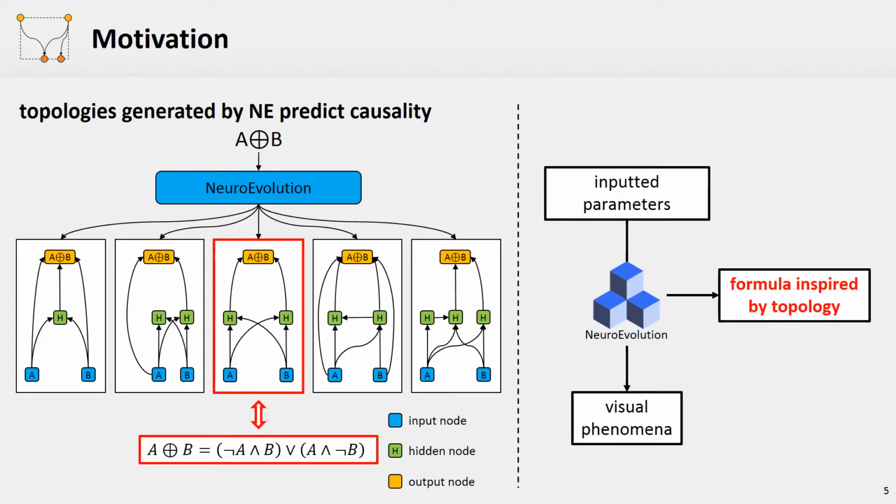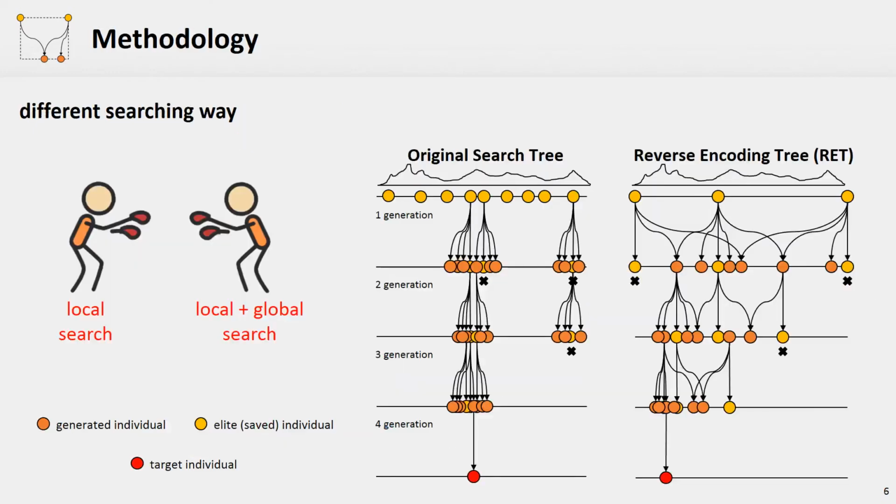In this work, we proposed an evolutionary strategy to obtain topologies faster, based on a customized tree-based search named Reverse Encoding Tree. In general, Reverse Encoding Tree is a searching way combined with local search and global search. Its core technology is to divide the whole population into several clusters based on the difference between each 2 individuals.